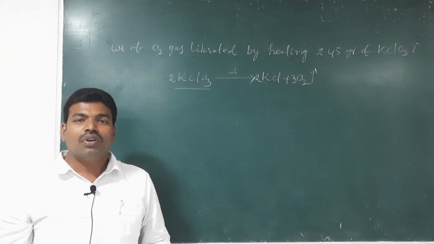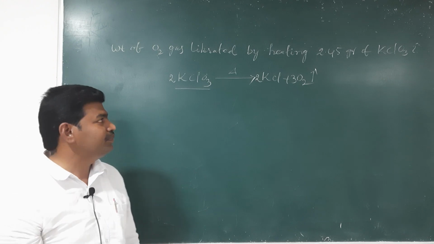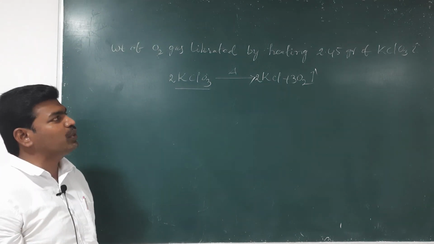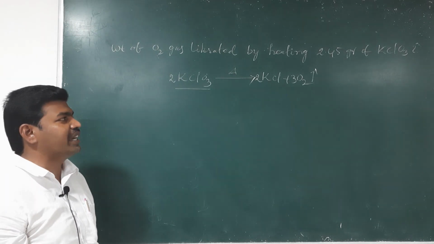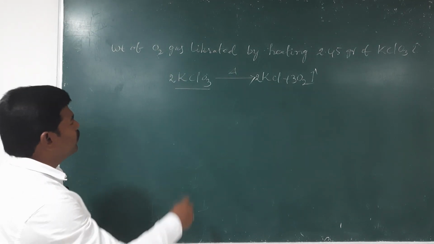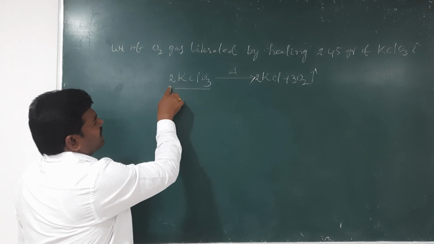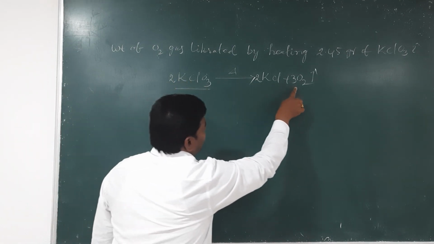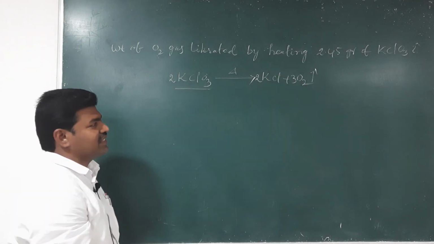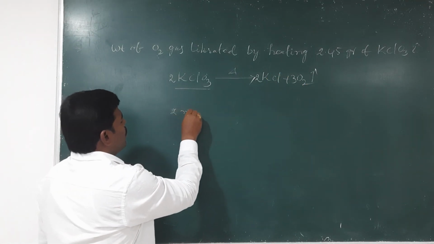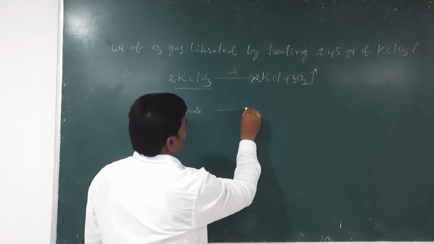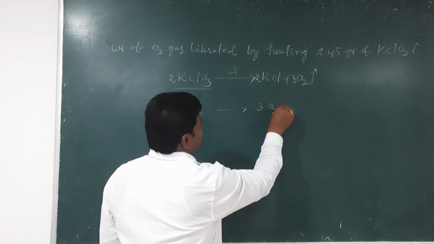Now we solve the problem. What is that problem? Weight of O2 gas liberated by heating 2.45 grams of KClO3. So here you can see that 2 moles of potassium chlorate liberates 3 moles of oxygen gas.